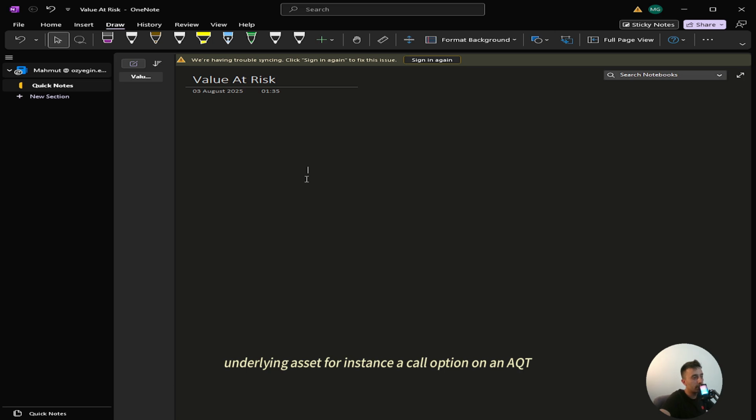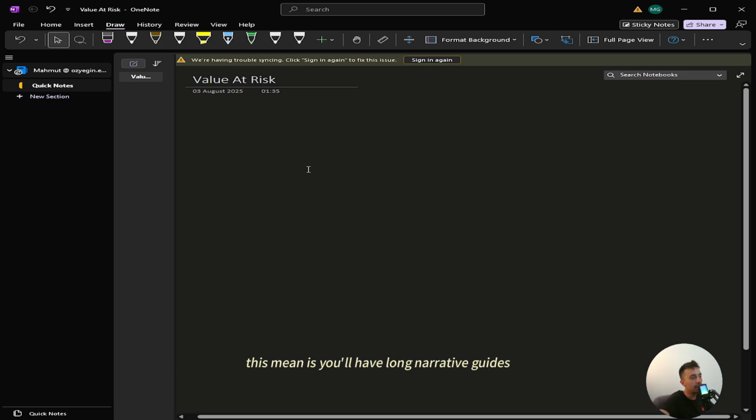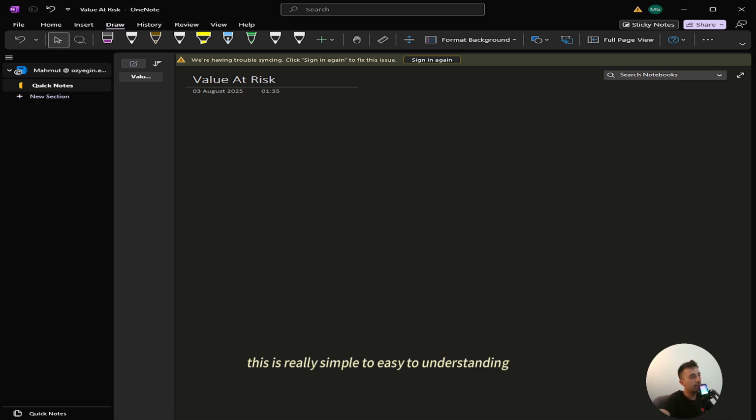For instance, a call option on an equity is an example of a nonlinear derivative because the option does not increase or decrease at a constant rate. If you have call options, you'll have different expectations in the future because there are really big unexpected events in the future. This means you have a nonlinear derivative, guys. This is really simple and easy to understand.